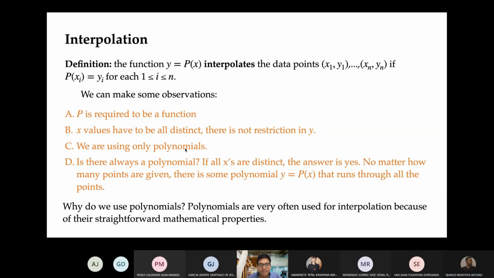Exactly. That's the one. So we're using polynomials. Why? Because they're actually very, very easy to handle. They have straightforward mathematical properties, so they are very, very useful.